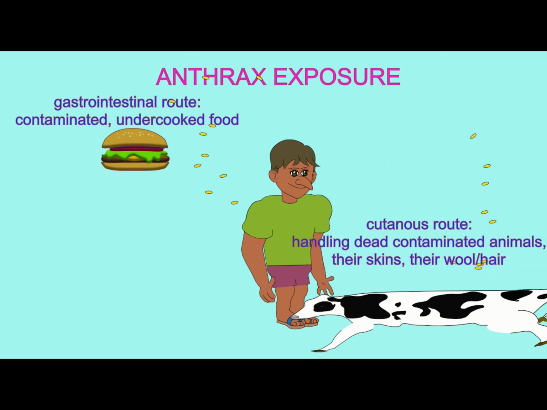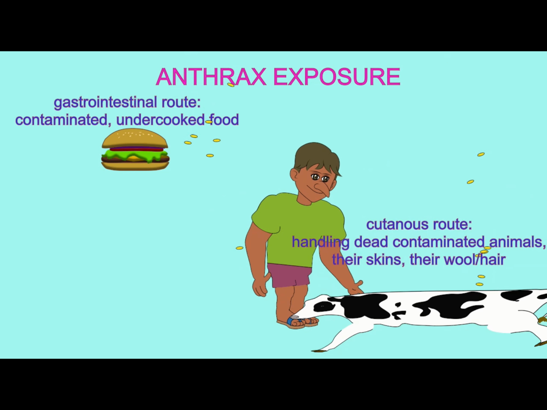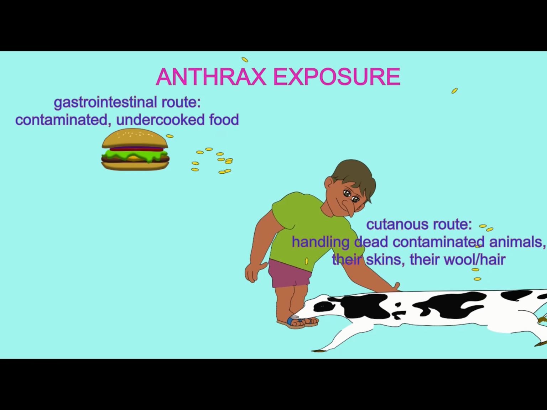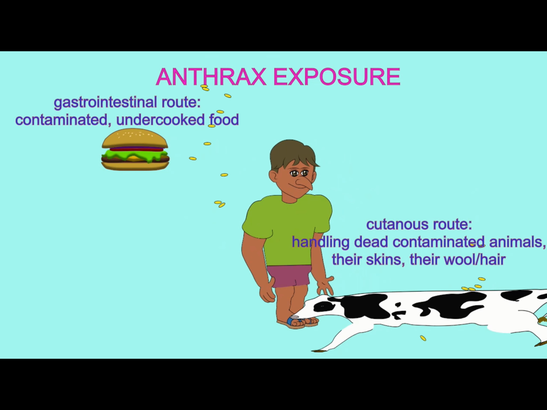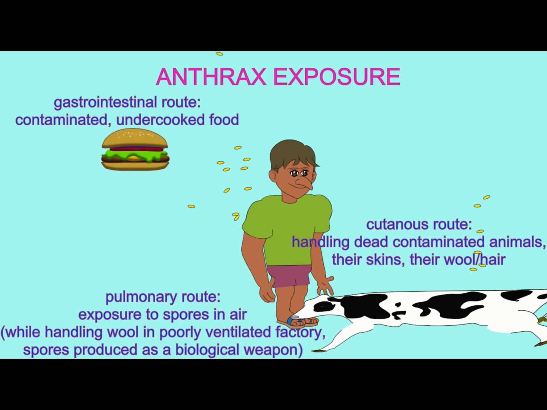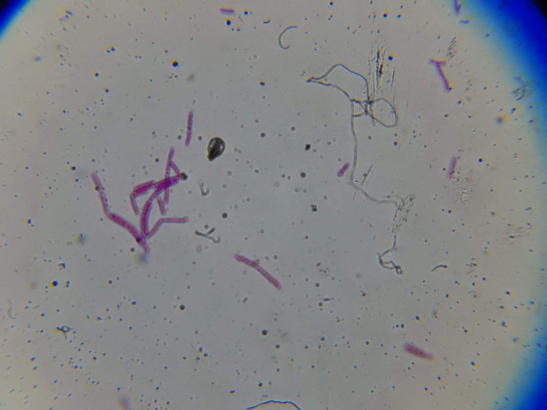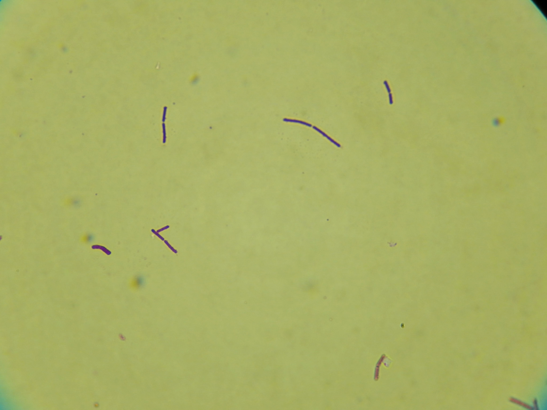This is a gastrointestinal route, and then it can also be obtained by breathing through a pulmonary route, and this was often associated with those who work with wool, and by working with wool they could be exposed to the spores in the air of the factory if it wasn't well ventilated.